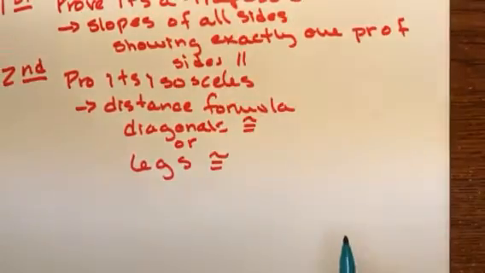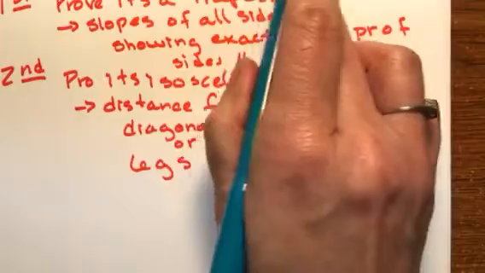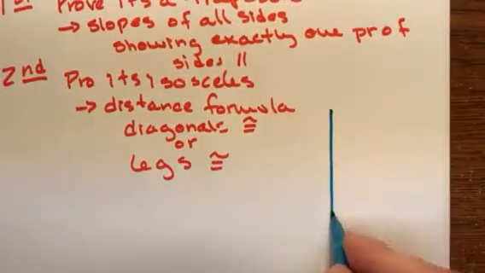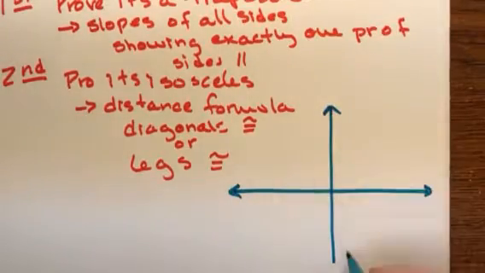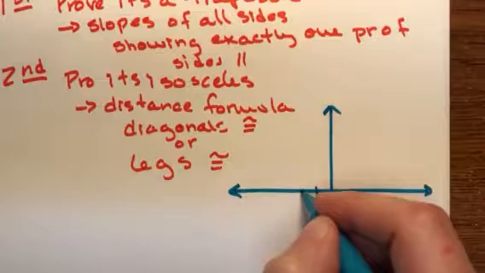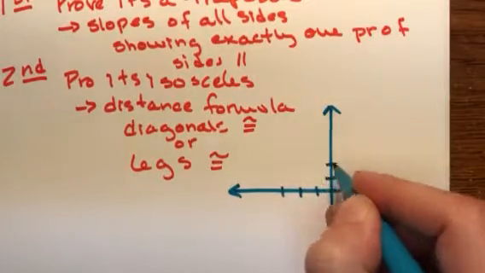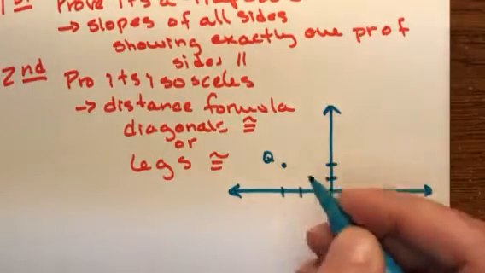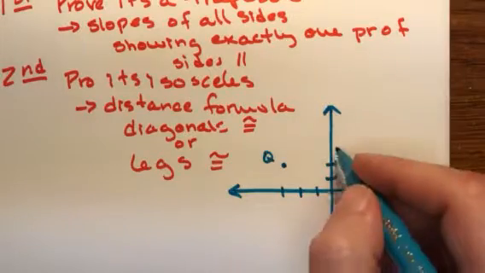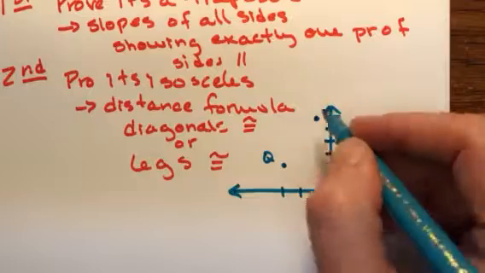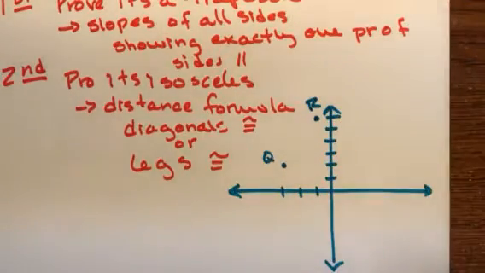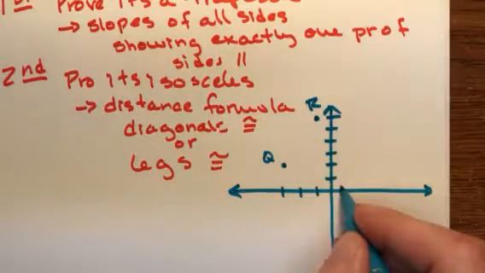Just to get me oriented, I think I will go ahead. I have some negative points. So I have Q at -3, 2. I have R at -1, 6. I have S at 4, 6.